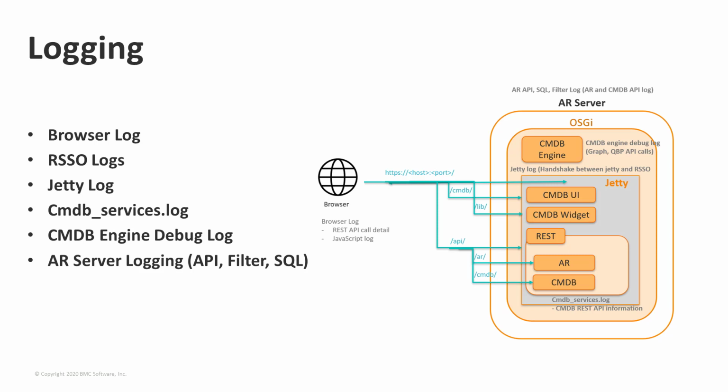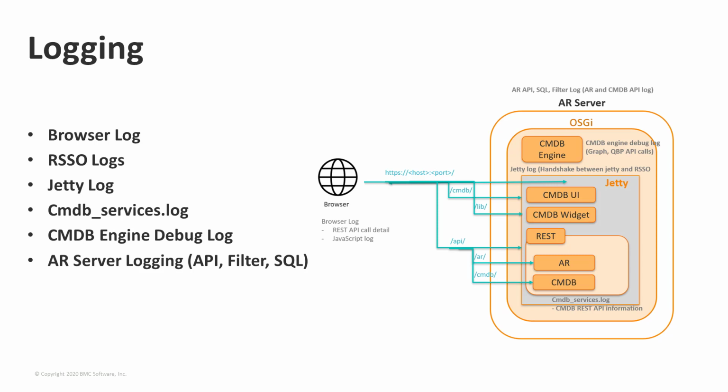So when this request flows, these are the logs that will help you understand what request really went out from the browser side to the server, and what response you really got back, right? Where it goes on, the next step is the CMDB service log, the REST API information.